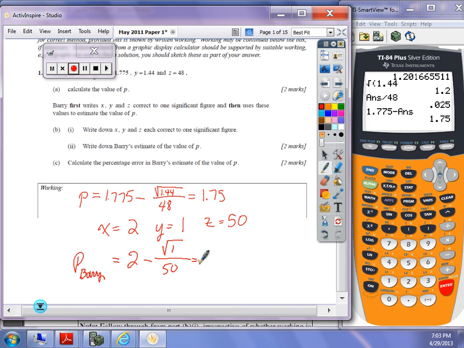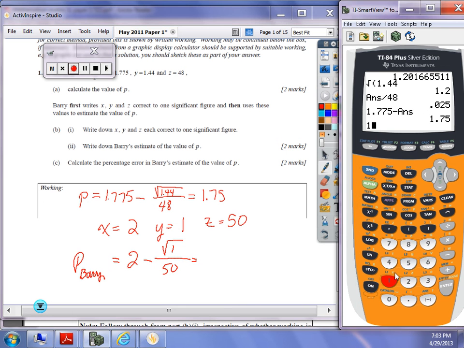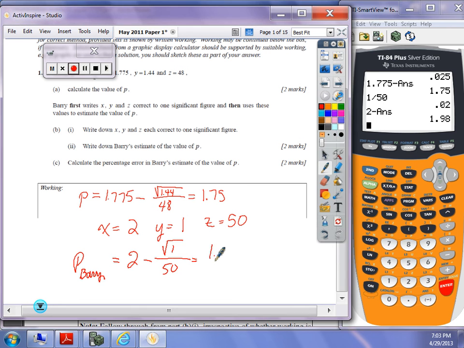So the square root of 1 is 1, so 1 divided by 50, and that's 0.02, and we're going to have 2 minus 0.02 is equal to 1.98. So there's Barry's estimate for P.